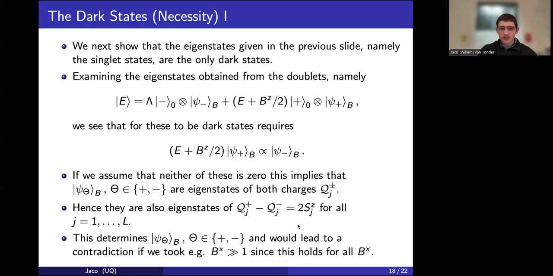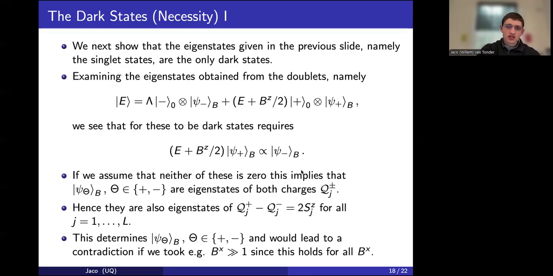But this will just mean that the eigenstate will simply have all of the spins up on each of the sides. But if we simply take, say, the x component of the magnetic field to be very large, then we can see that these aren't actual eigenstates of, say, the Sx operator. So this is a contradiction.